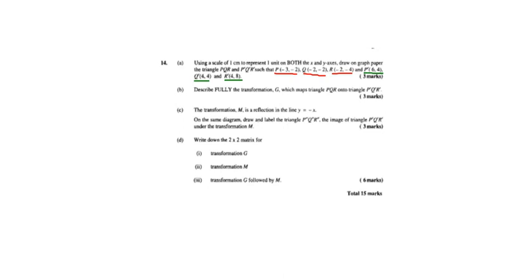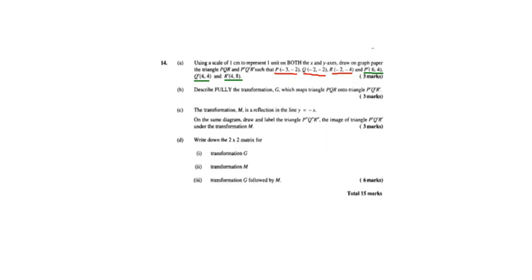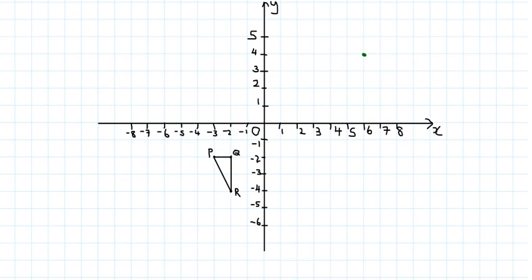Let's go across to plotting these points, right? So P prime is 6, 4. I'll use green to indicate this one, right? So 6, 4. Then we have Q prime, 4, 4. And, alright, yeah, let me label them.